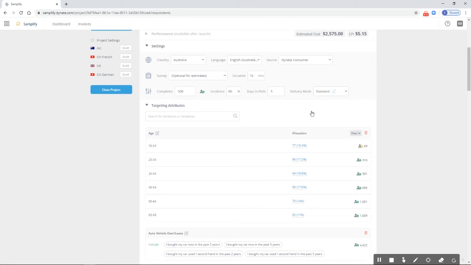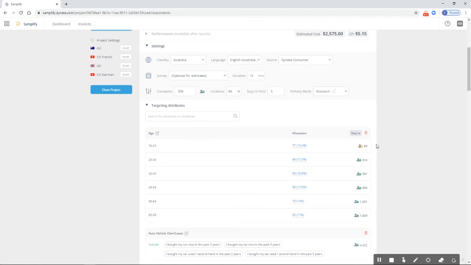In this case, we wanted 500 completes. And if we do not get the 77 here, we will not get to the 500 completes because we have an allocation on each single age line. And that can be a risk. That is something we always need to keep in mind when launching a study.